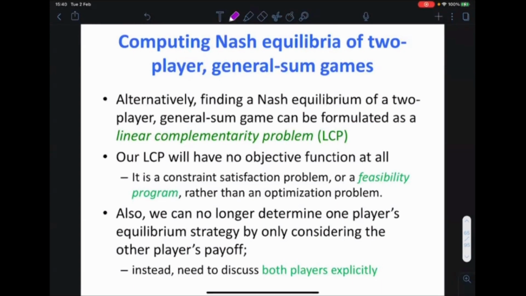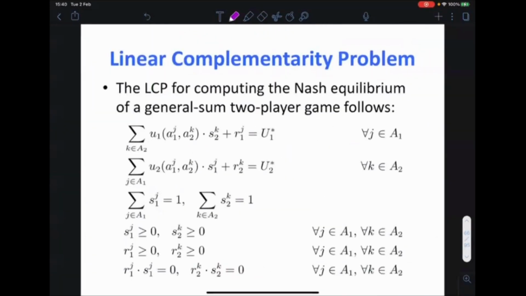When I say feasibility program, it means they have a bunch of constraints, and you want to find a feasible set to fulfill those constraints, and those feasible sets that fulfill the constraints, in fact, are the Nash equilibrium. So this is the LCP problem, and it can be used to solve this Nash equilibrium.